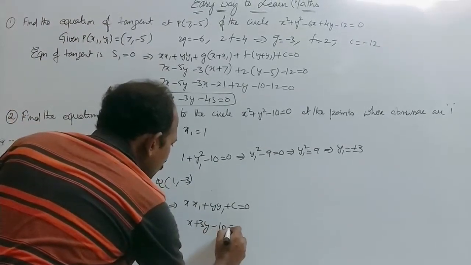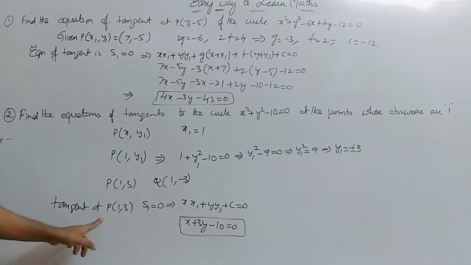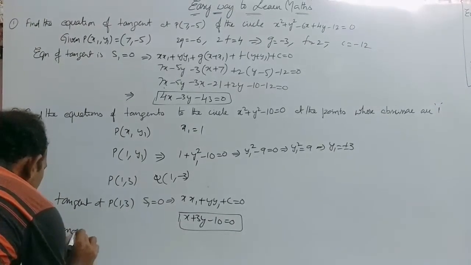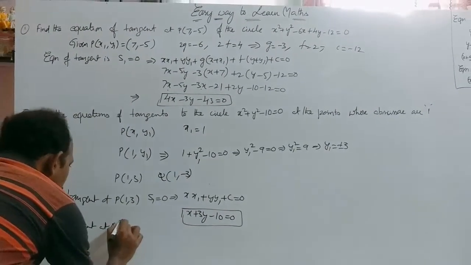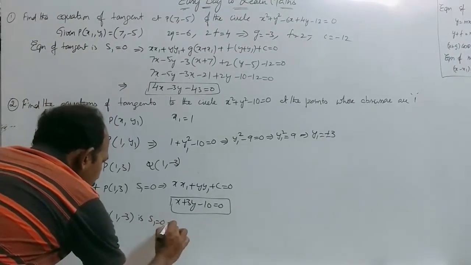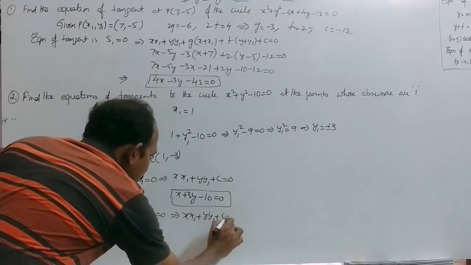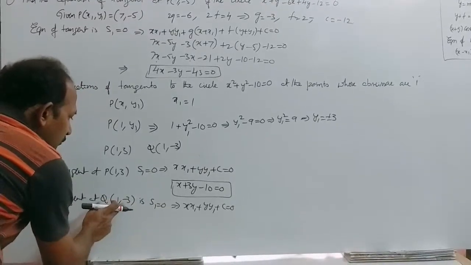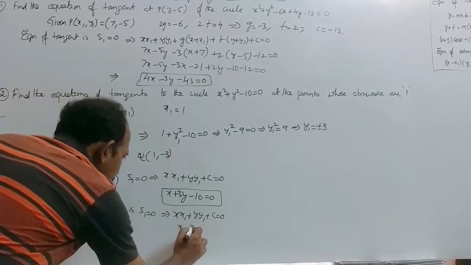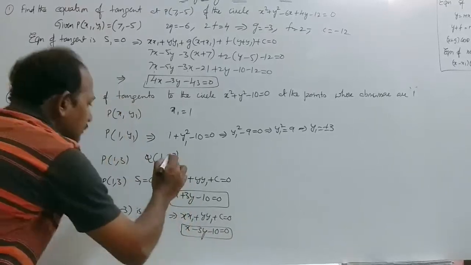So x plus 3y minus 10 is equal to 0, which is one tangent at the point P. Now let us find another tangent at the point Q. Tangent at Q(1, -3) is again S1 equal to 0, which implies the same xx1 plus yy1 plus c is equal to 0. Here (x1, y1) is (1, -3). Therefore, x minus 3y minus 10 is equal to 0, which is the other tangent.